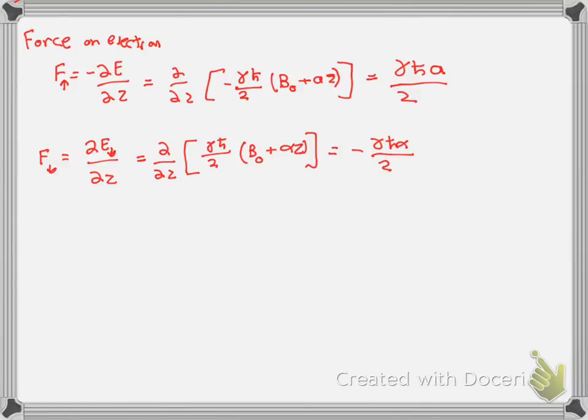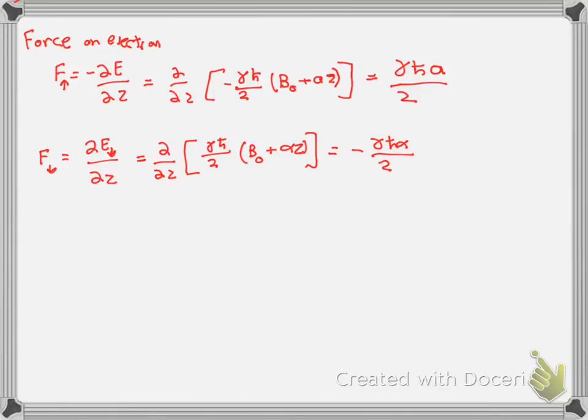Which leaves us with a force of the same magnitude, but in the different direction. And it's these forces that allow that Stern-Gerlach setup with the two magnets to separate the spin up and the spin down particles.